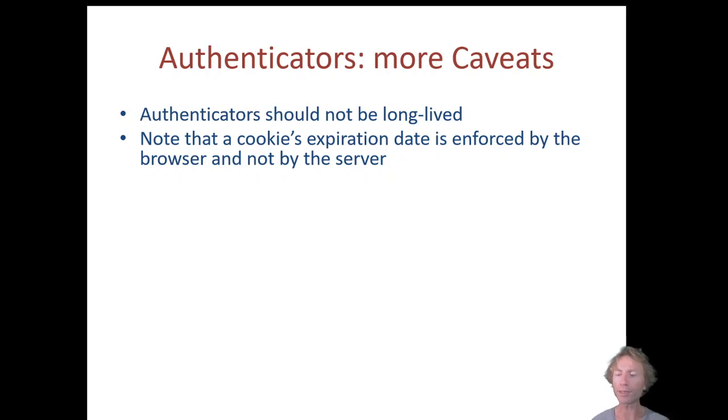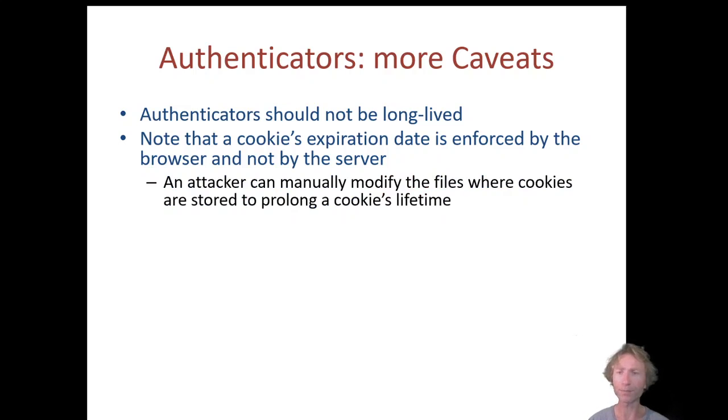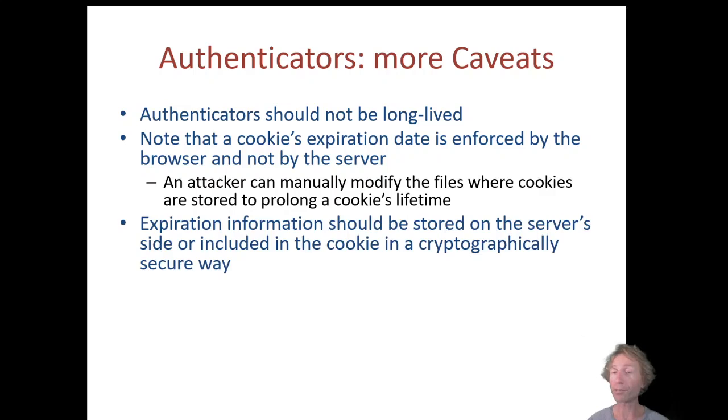And that means that if an attacker gets access to the cookie file, right? So if the request comes from the attacker who has access to the cookie file, the attacker can simply modify this expiration date. Okay? So what you need to do is either store the expiration date at the server side, or you include it in a cryptographically secure manner in the cookie itself.